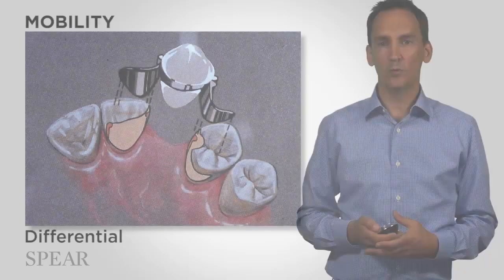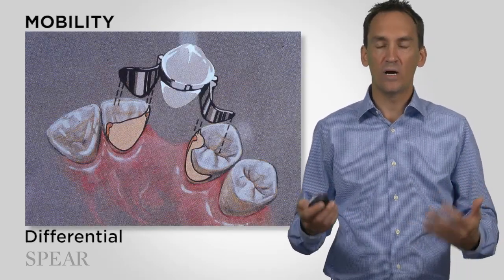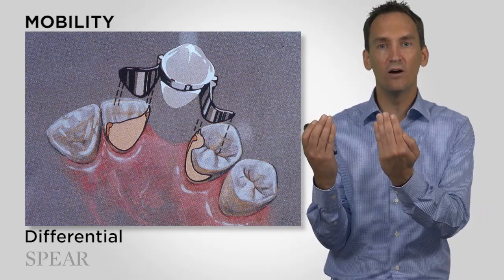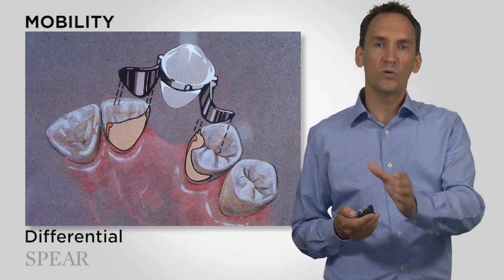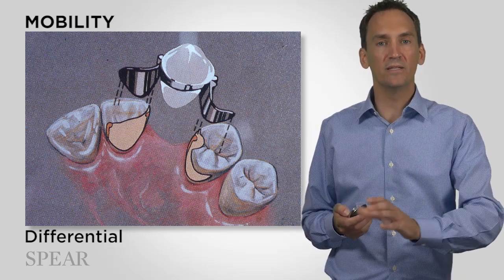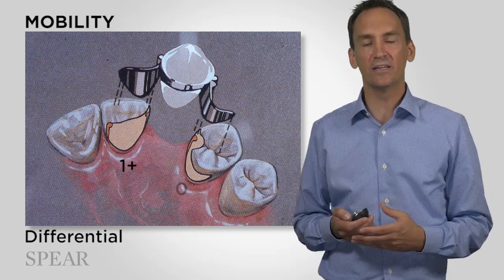The other issue with mobility is differential mobility. The best resin bonded teeth would be teeth that are ankylosed because they're not going to move at all. No mobility, directional or differential. What hurts when you start to think about a resin bonded bridge is different mobilities. Let's say the central has a 1+ mobility and there's no mobility to the canine.